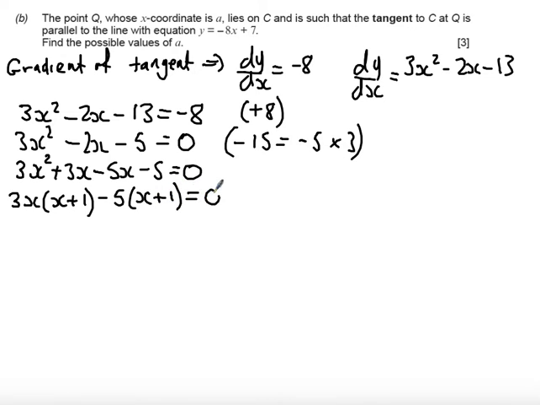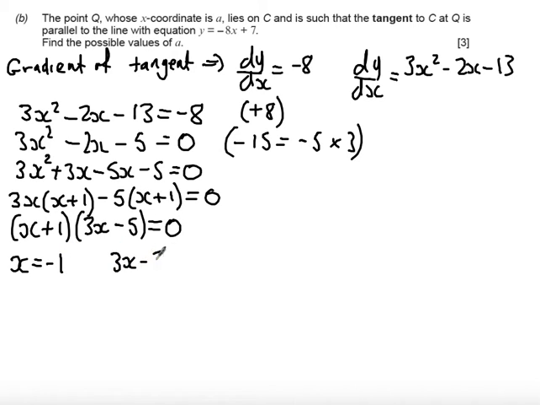So it looks like I've done this correctly because I've got this common factor of (x plus 1), which I'm going to take outside of the bracket, and then my second bracket is formed by the coefficients 3x and minus 5, equal to 0. So this gives me the possible values. x equals minus 1, or 3x minus 5 equals 0. If I add 5 and divide by 3, I get that x is equal to 5 over 3.